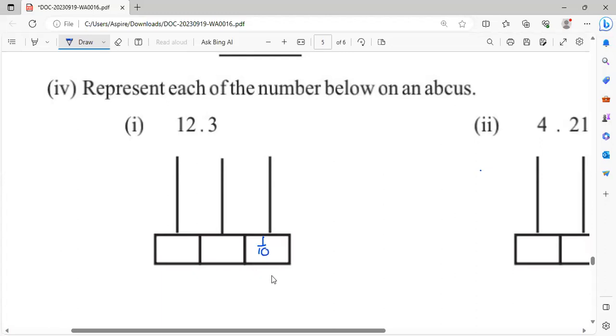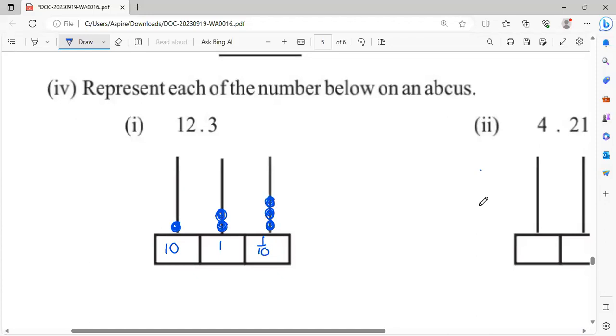Then 12. Here it is the 1's place. This is the 10's place. So in the 10's place, it is 1 counter. In the 1's place, 2 counters should be represented. In the first decimal place, you should represent 3 counters.